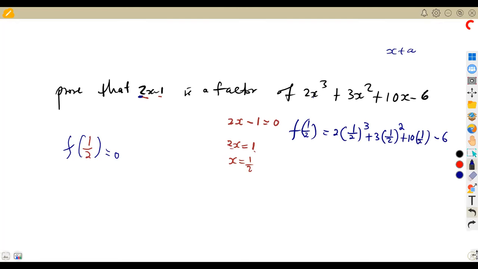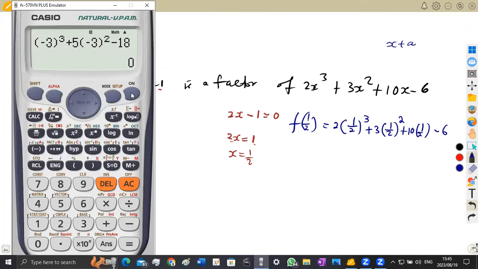All right, so if you check here, what are we going to have? That's 2 into half exponent 3, plus 3 into half exponent of 2, plus 10 by half minus 6.